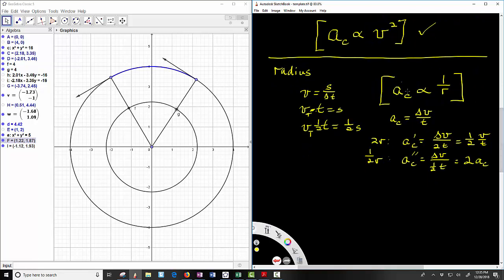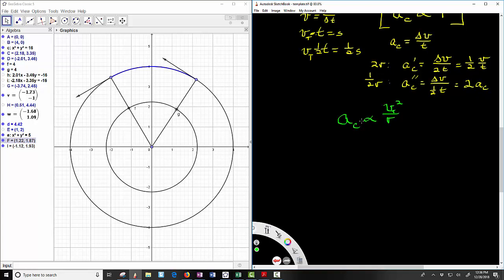All right, let's put these two things together. So if I slide those together, what I end up with is the centripetal acceleration is proportional to v squared over r, the tangential velocity squared divided by r.